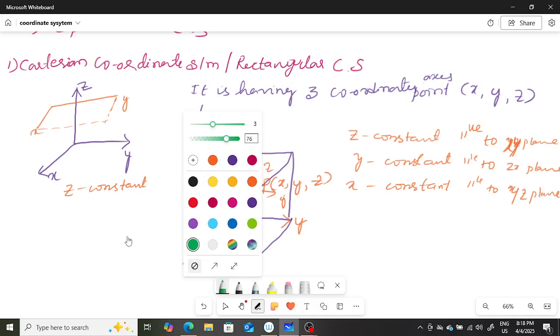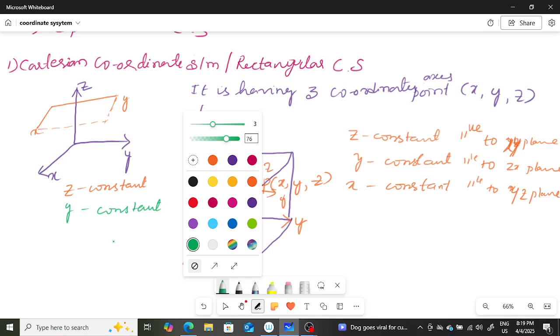Okay, so next I'll be drawing the Y constant plane. How to draw the Y constant plane? That is nothing but a plane that has to be parallel to ZX. Here is the Z, and this is X, ZX.